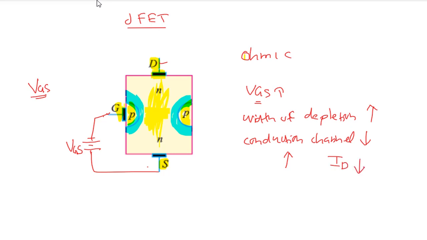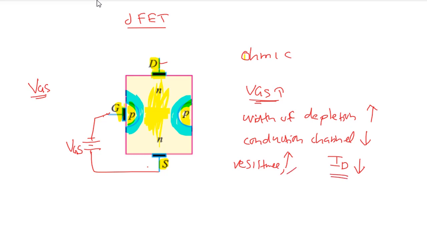So I will repeat once again. As I increase VGS, the depletion region will become wider and the conduction channel narrower, and greater resistance will be there. As the resistance increases, the drain current ID decreases.